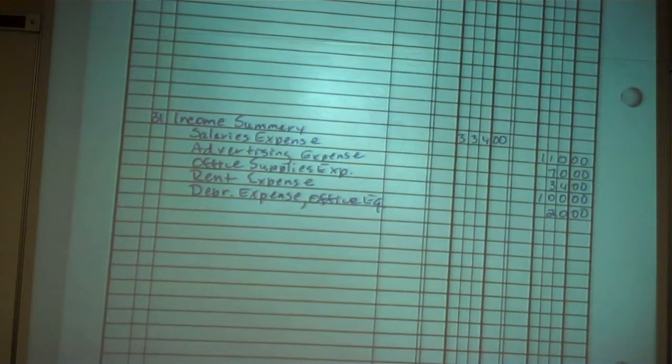Now you already have balances in some of those accounts. As you're posting the revenue, it should bring it to a 0. Does it?